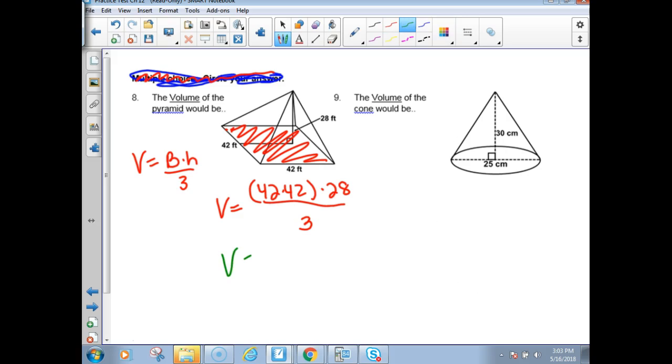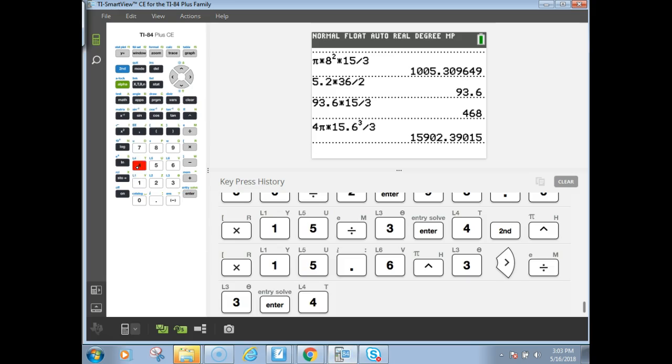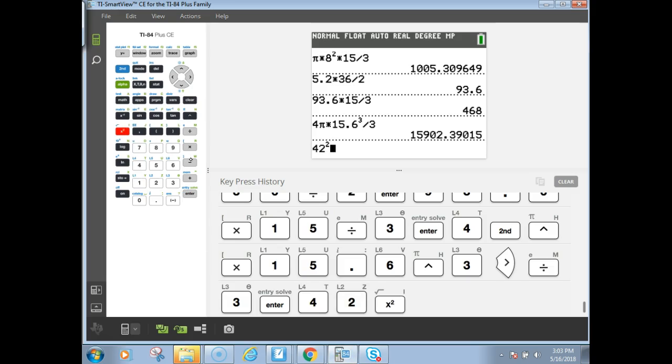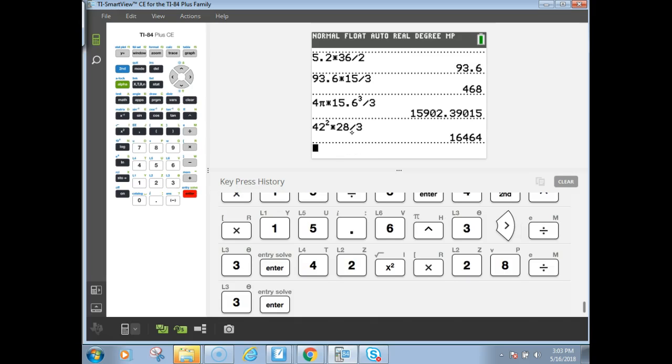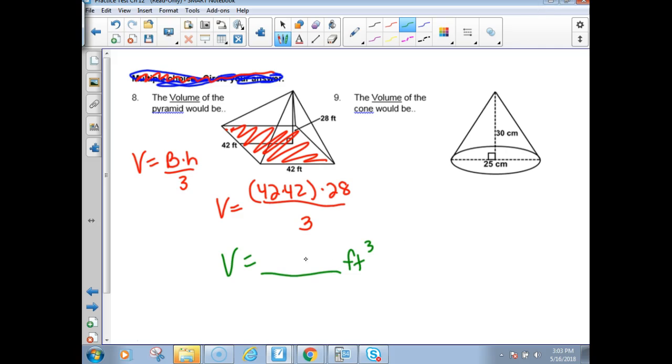Type away and write down your volume. And it'll be in cubic feet. So 42 squared. What was my height? 28? I just did a little shortcut on typing it. Are you guys getting 16,464?